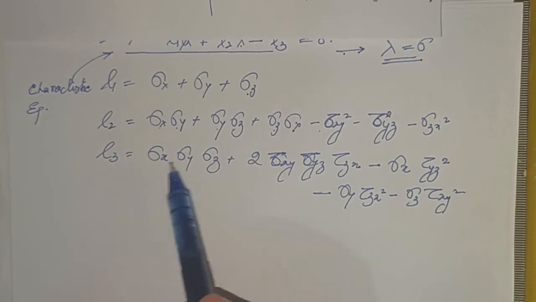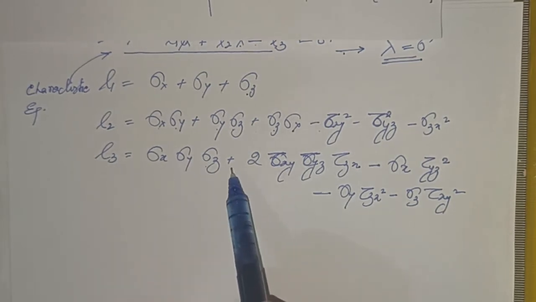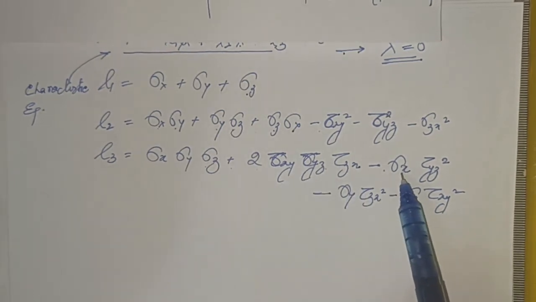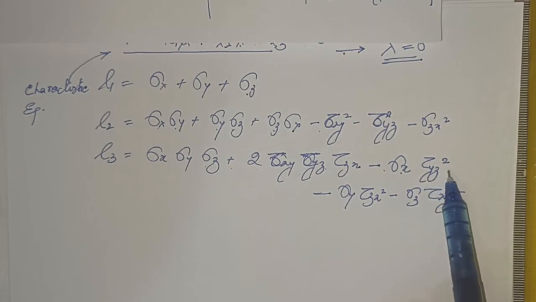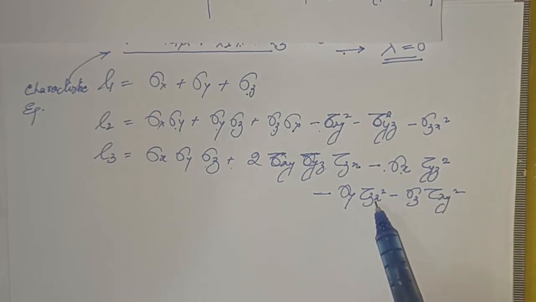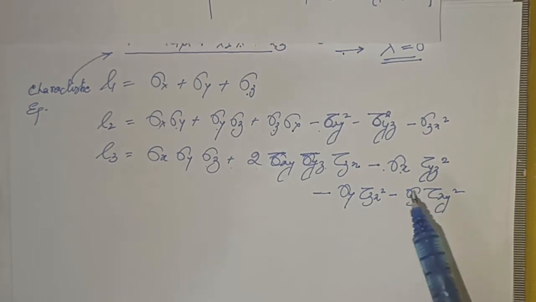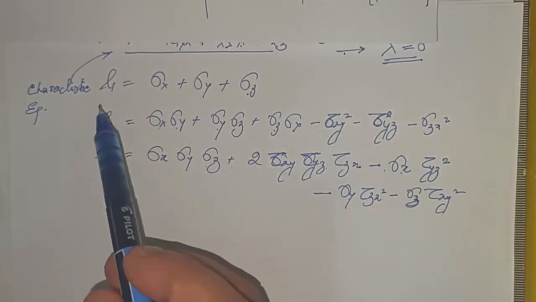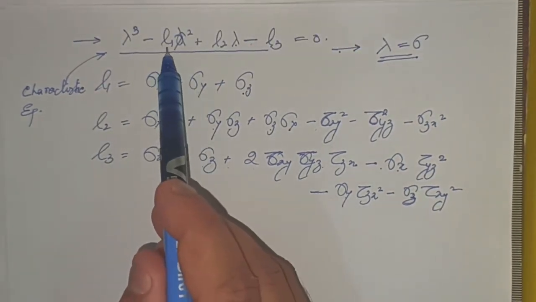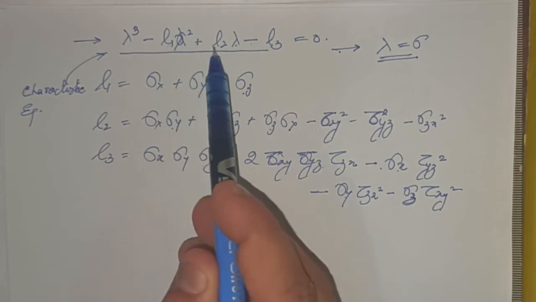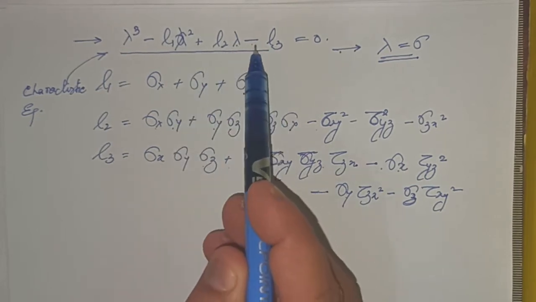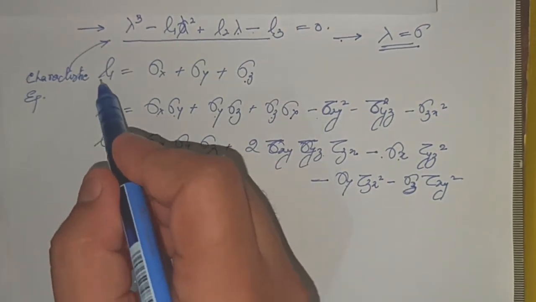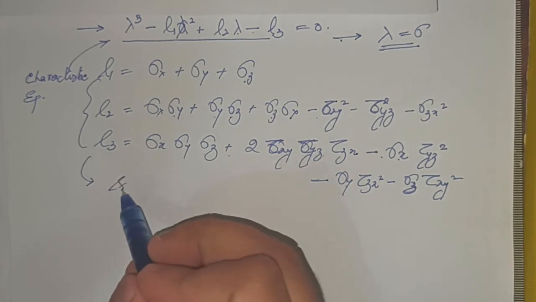And L3 equals sigma x sigma y sigma z plus 2 times the product of the xy, yz, zx shear stresses, minus sigma x tau yz square, minus sigma y tau zx square, minus sigma z tau xy square. L1 is the coefficient of lambda square, L2 is the coefficient of lambda, and L3 is the independent coefficient. These are known as stress invariants.